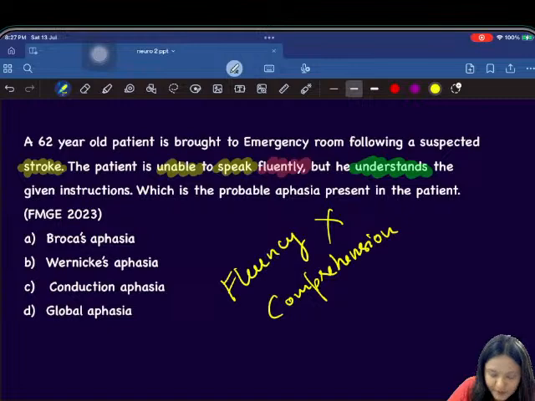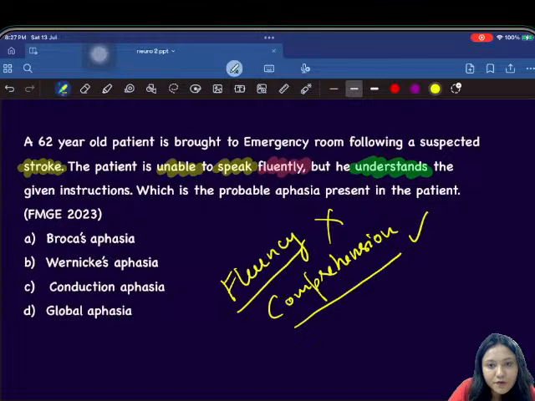Just think fluency is gone and comprehension is there because he is able to understand. You can also remember the mnemonic, but instead of the mnemonic, try to remember the table, because next time the question might come on conduction aphasia or some other type of aphasia, and you will get confused. So fluency is gone, comprehension is okay.